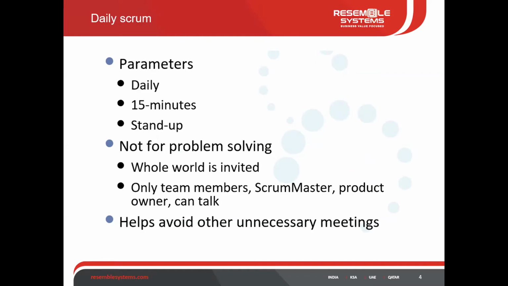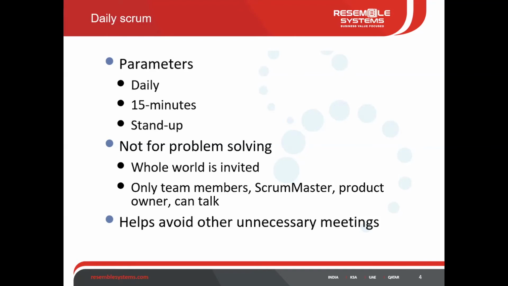So we should have a daily stand-up meeting for 15 minutes, okay? As I mentioned, it's not for solving any problem. We are not going to discuss any technical things mainly, or how we're going to solve them. No, it's mainly to update the status: what am I going to do for the day, and what I've done yesterday.